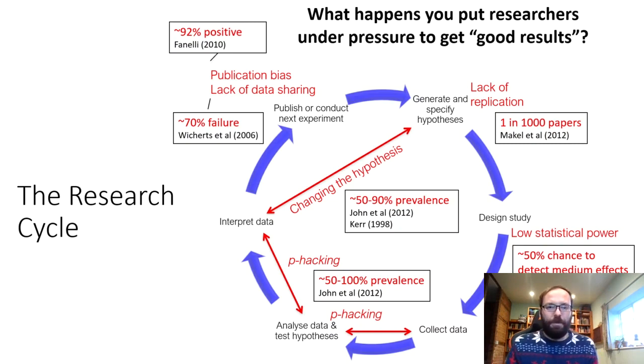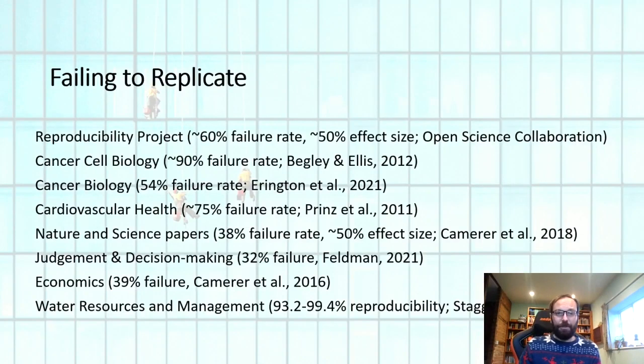So we know that the replication crisis, started off by the Open Science Collaboration, has indicated that we should be cautious about most results, right? So most fields have areas which we shouldn't perhaps trust as much as we do, because the results don't replicate.